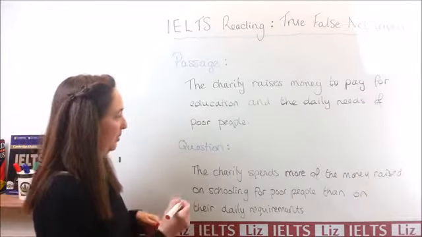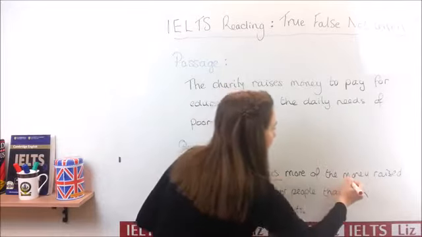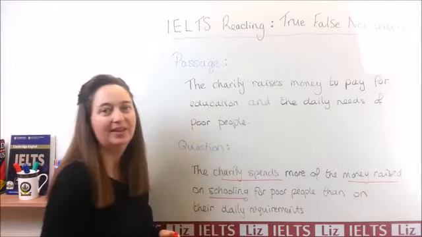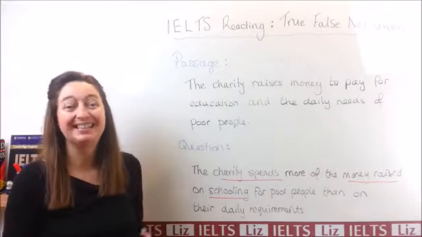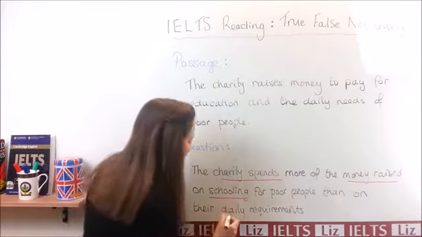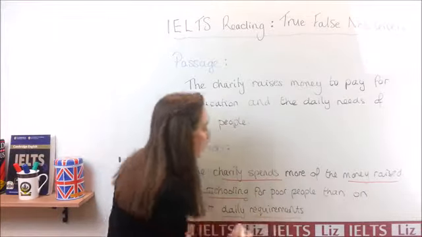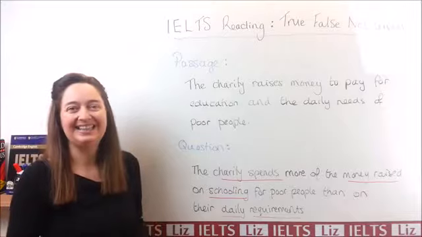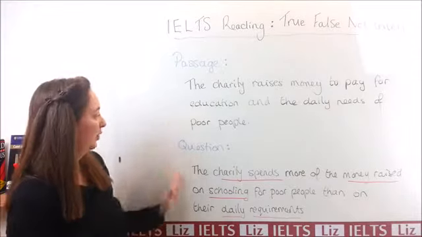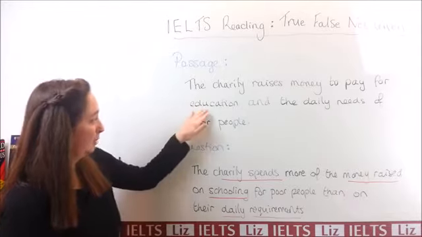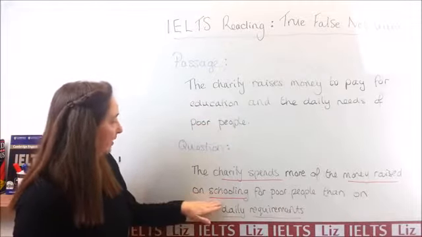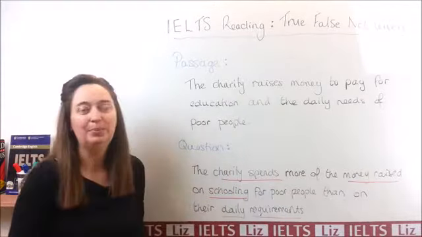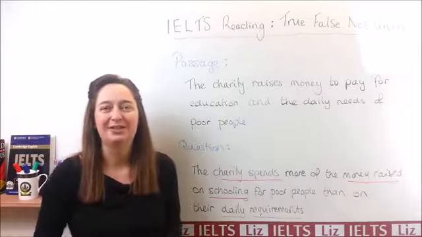So we've got spending money, and this is money that has been raised on schooling, and of course schooling means education, than on daily, everyday requirements, and requirements means needs. So again, in this statement, we have a lot of similar words. The charity raises money to pay for education, schooling, and the daily needs, the daily requirements of poor people. So we have a lot of matching information.